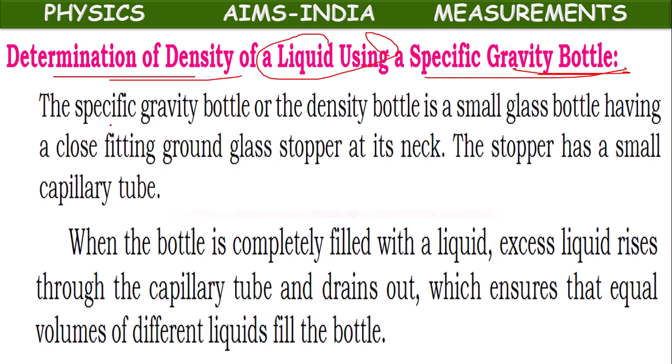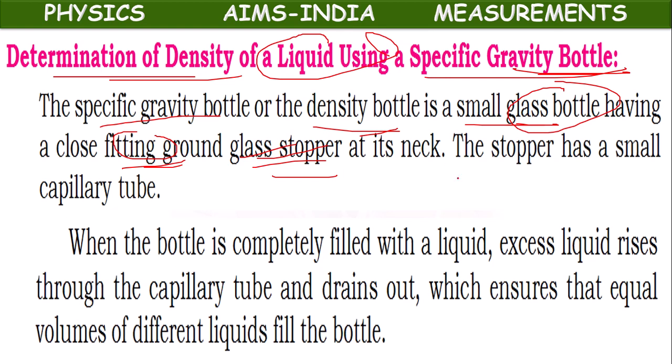So here, children, the specific gravity bottle or density bottle is a small glass bottle having a close fitting ground glass stopper at its neck.